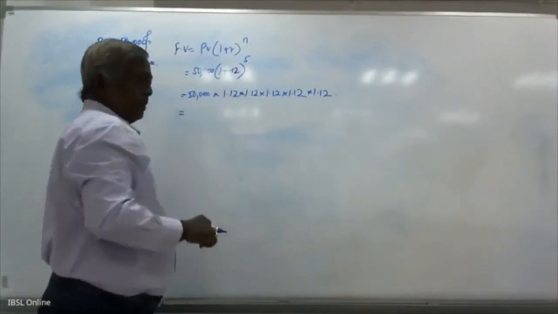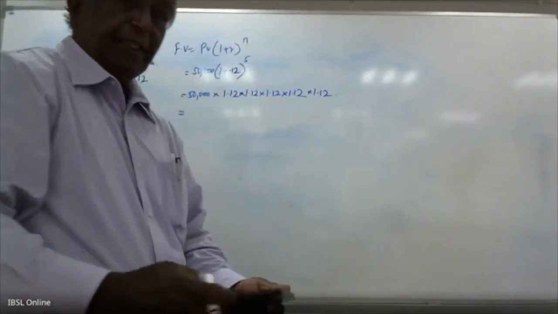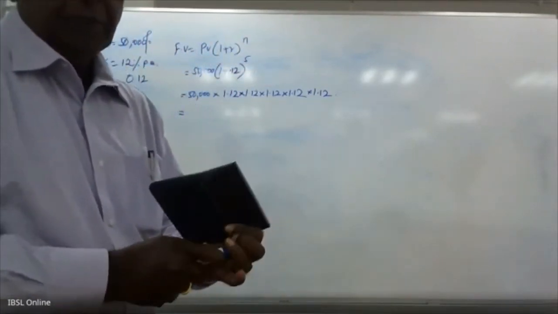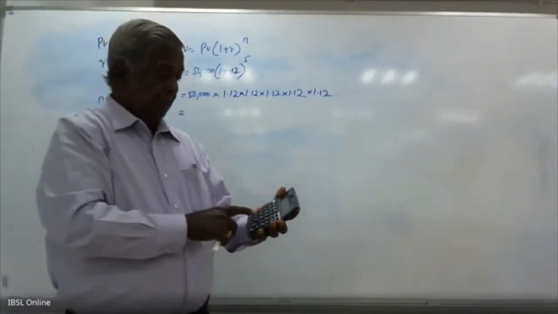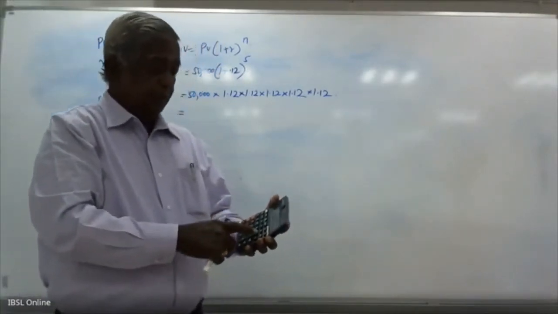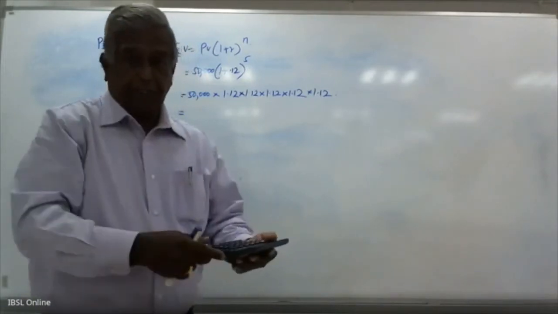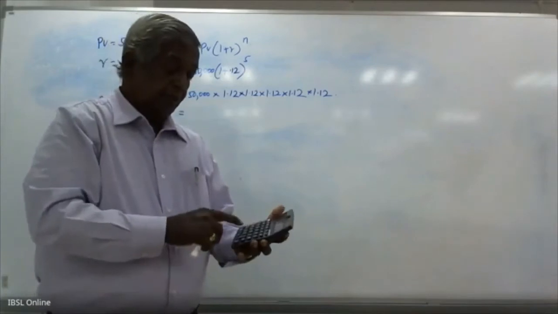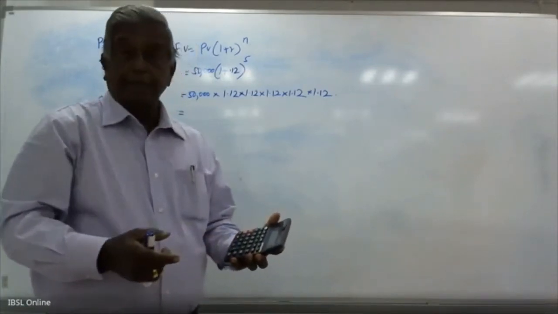Right. In an ordinary calculator, for example, if you have one, please try. 2 into 5, equal sign, you will get 10.